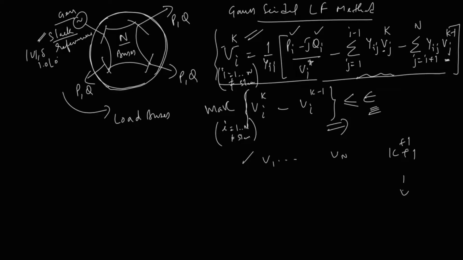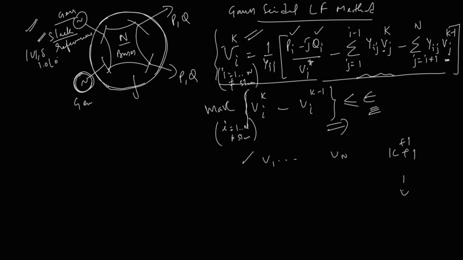But if I have generators in my network, let us assume that slowly I include a generator bus. In addition to one slack bus, a few generator buses exist in my network.